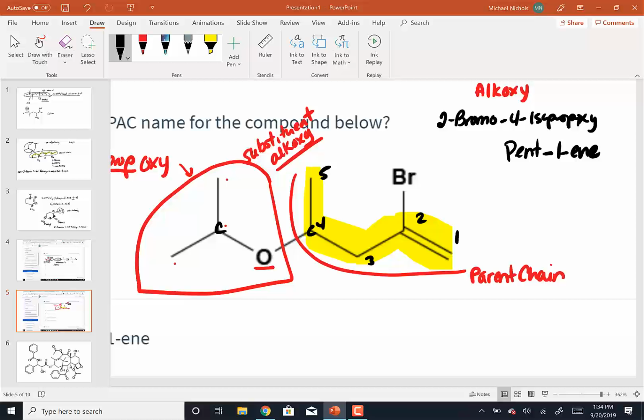So that goes to the idea of what are all the functional groups that we can have, which is a huge table in the book. So you have to know that it's an ether. You have to know an ether has an oxygen with two carbons on either side.